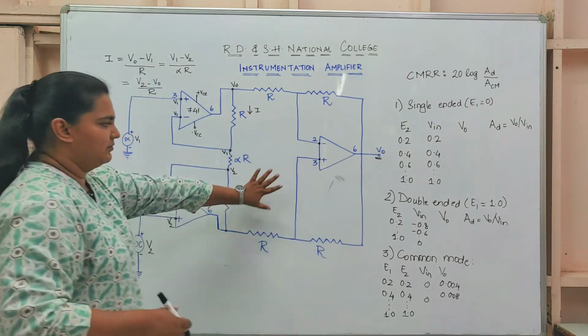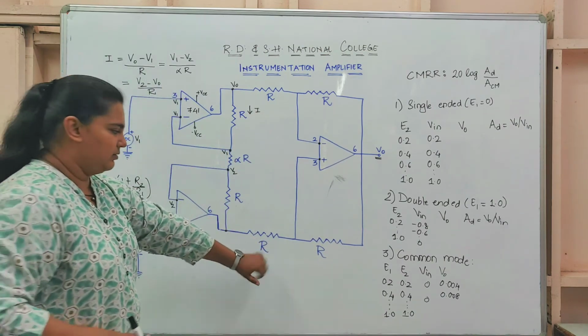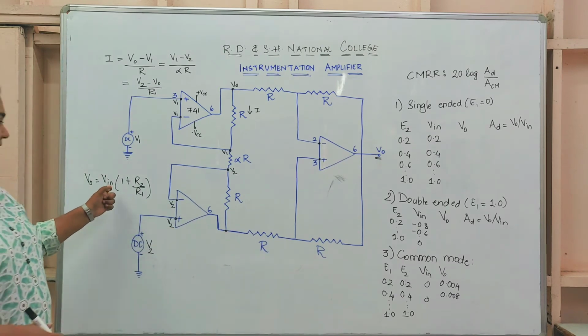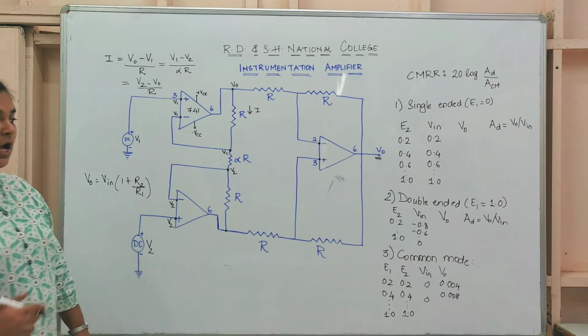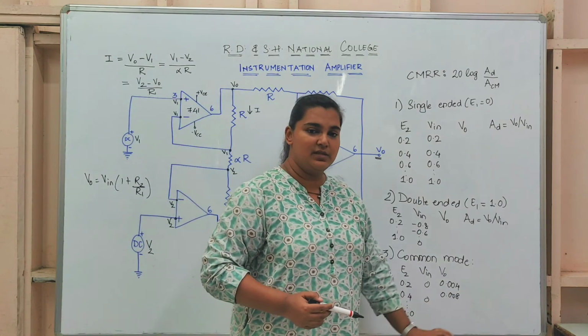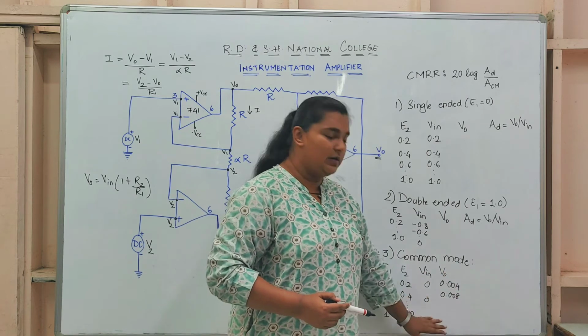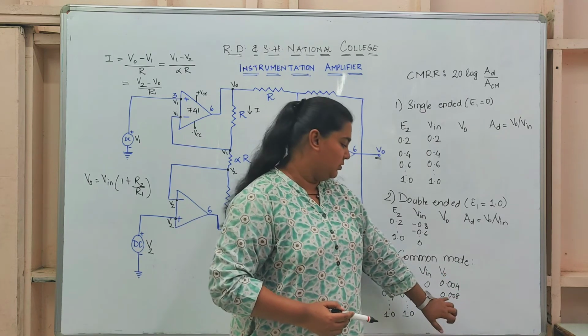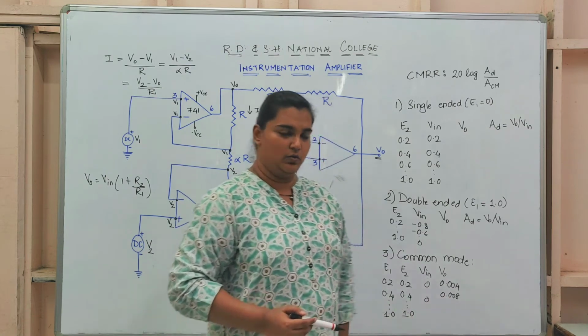So using some values of R here, you will have such a relation. But as long as Vn is 0, the output should be 0. But I do not get an output of 0. There is some signal, some noise, some unwanted DMM defects which give you a certain value for V out.